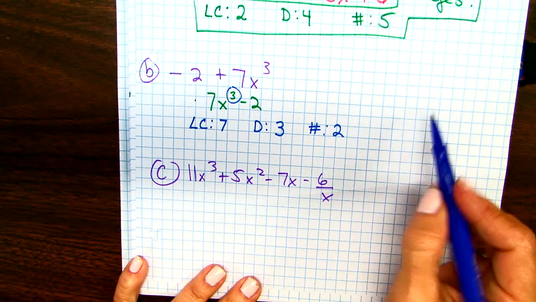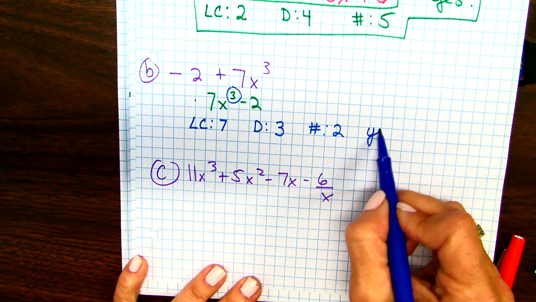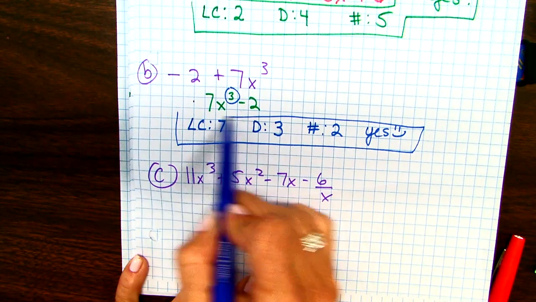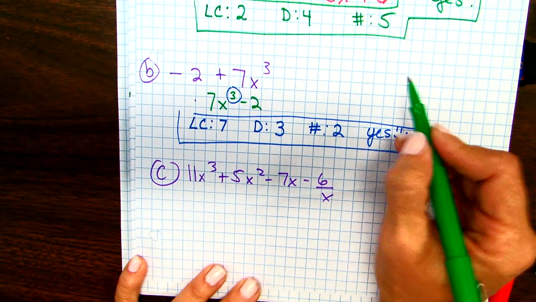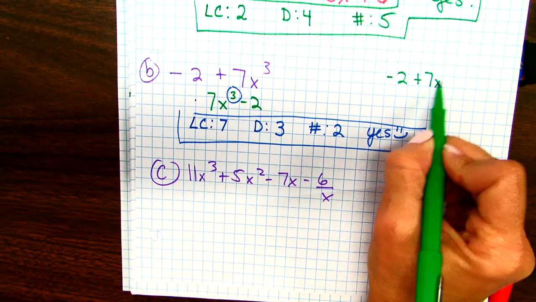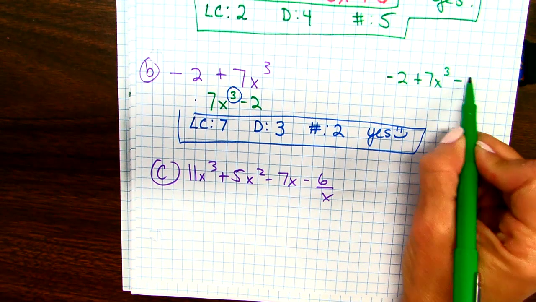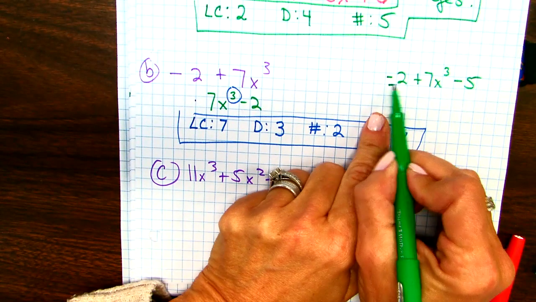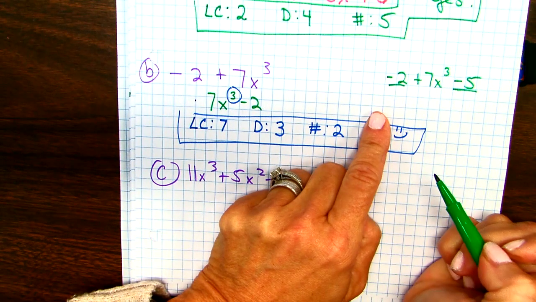And then is this a polynomial? Yes. It didn't break any of our rules. And I didn't put one on here like this. Let me just add something here just to show you. What if I gave you that? There are 2 terms that you could combine, okay?